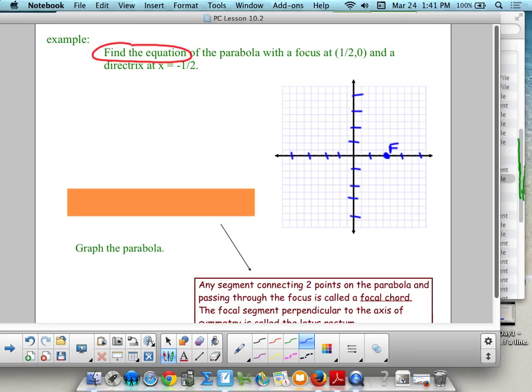Up, down, right, left? Up, down, okay. It has to be right there at -1/2. Straight up. There you go. I don't see a vertex. They did not tell me the vertex. Do you know the vertex?